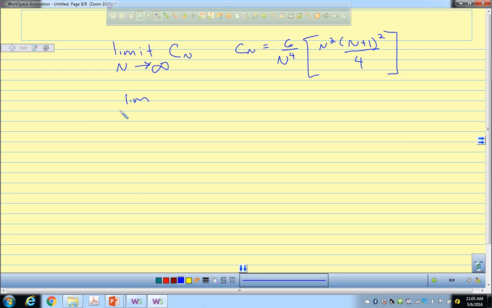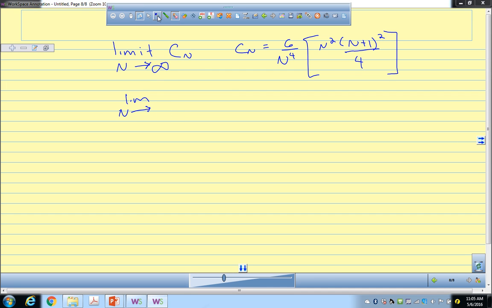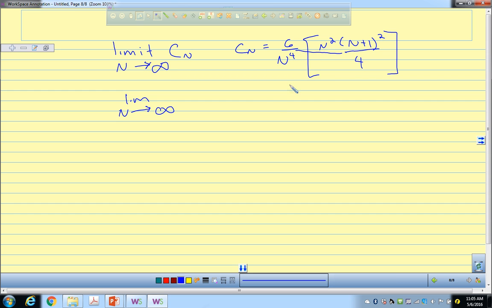First thing, you square the n plus 1 and you get n squared plus something weird. Then you multiply the n squared times that and you get n to the 4th. Then you multiply 6 over n to the 4th across the whole thing.